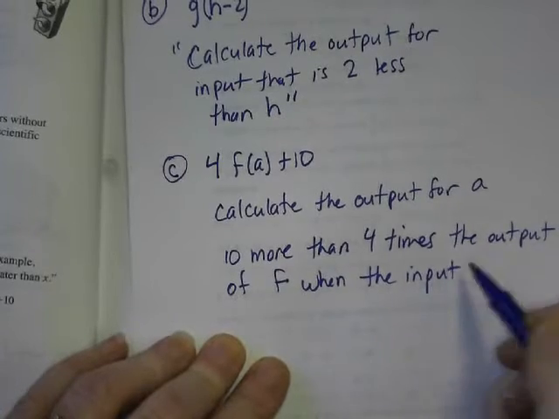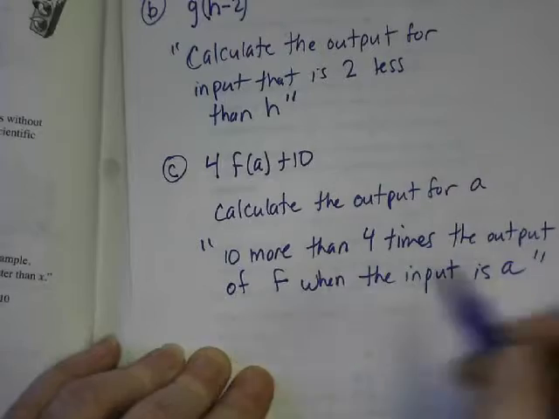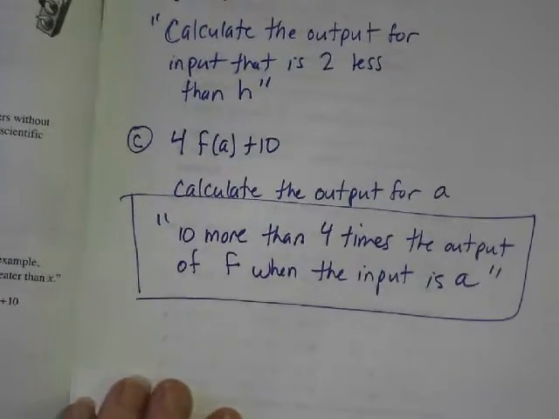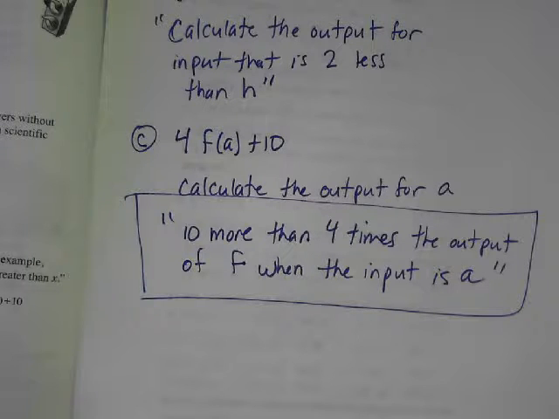It's the same thing. This right here in the box is the way the book says it: 10 more than 4 times the output of F when the input is A. I was going to say calculate the output for A, then multiply it by 4 and add 10, which is actually kind of saying the same thing.